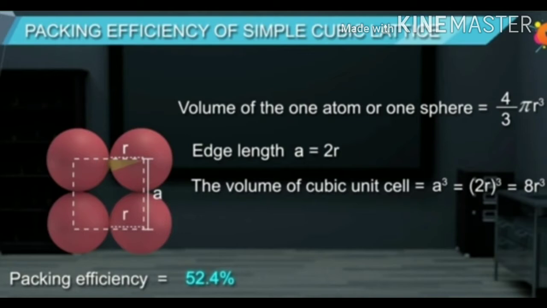Yes, it is 52.4%. Here, note an important point also. Edge length a is equal to 2r for a simple cubic lattice. Then we can write r is equal to a by 2.